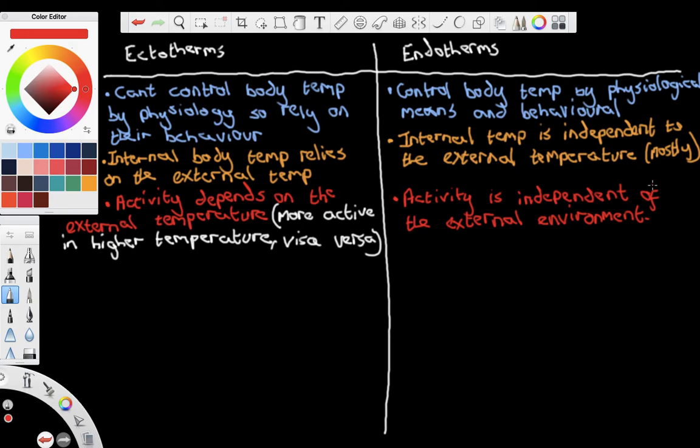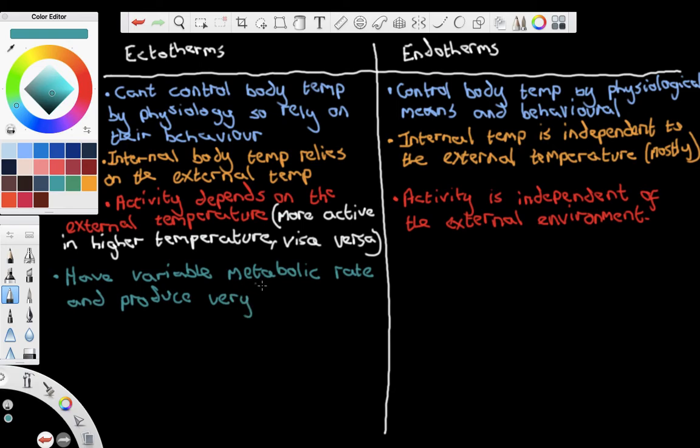The final one, ectotherms have variable metabolic rate and produce very little heat. For example, they're not warm-blooded animals, are they?